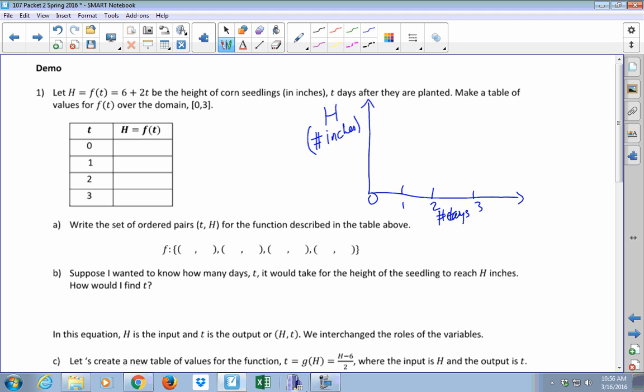Okay, so to determine the value of h, we say h is a function of time. So you just basically look at your expression and fill in t with each of the input values listed in the t column.